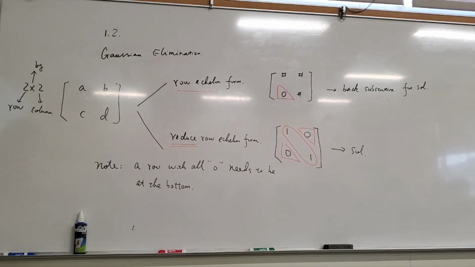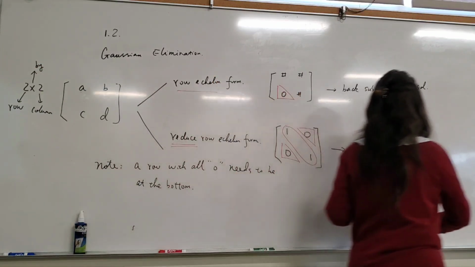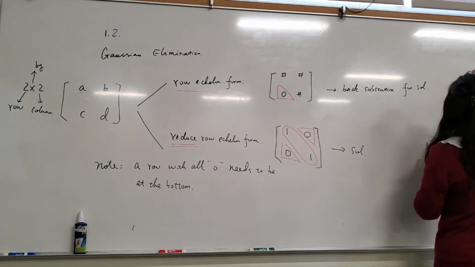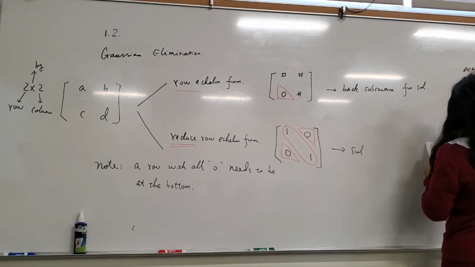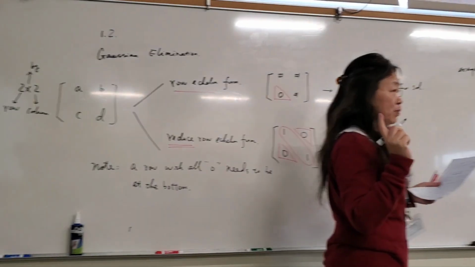Now here's an example for row echelon form first. These are class examples. When I just say example, it means that this example is not from your book.